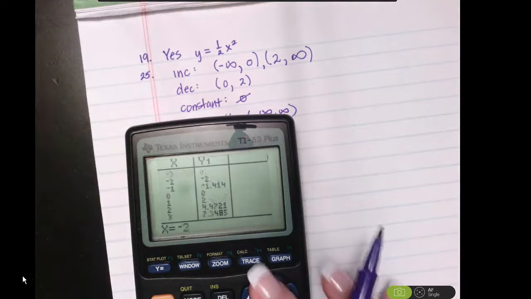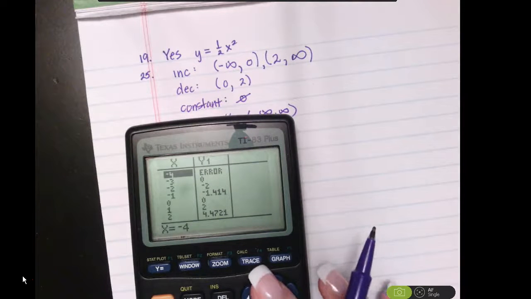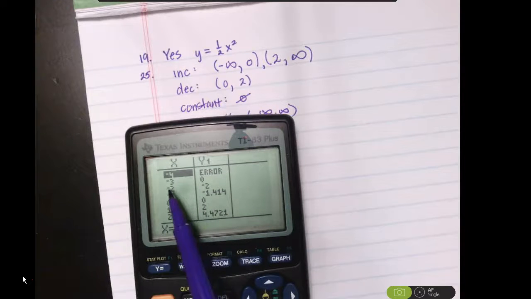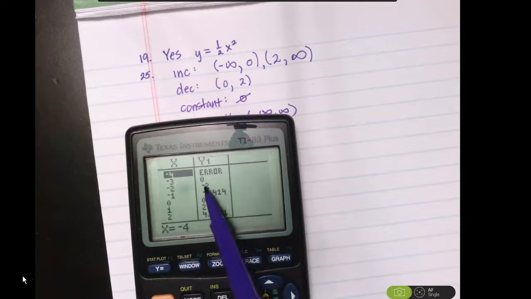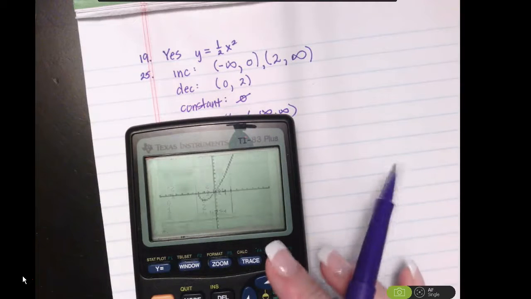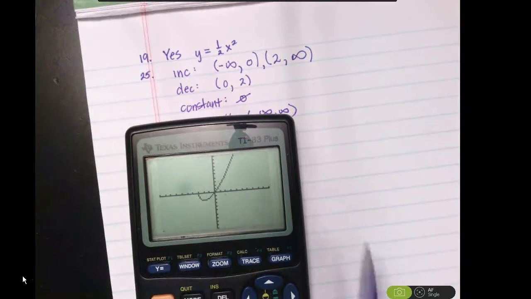It looks like when x is negative 3, we start our y values at 0. And we decrease, but then we're back up to 0 again at 0. So let me check the graph again. But at some point between negative 3 and 0, we turn around and start increasing again.